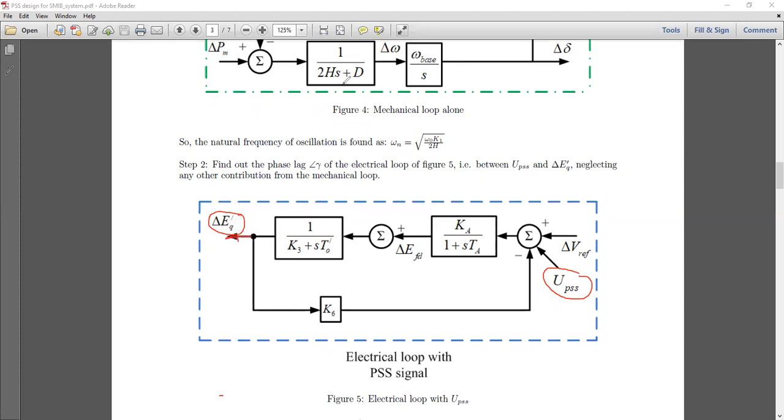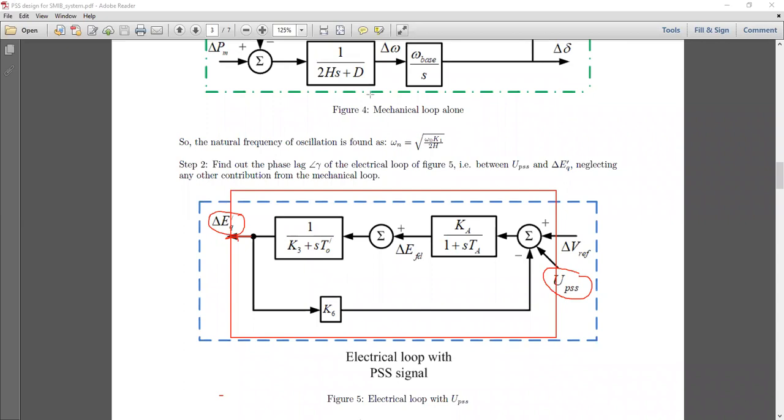If you look carefully, this block in figure number 5 is again another transfer function block having a negative path along this line. You see K6 del EQ dash, there is a negative feedback path at the first summing junction.